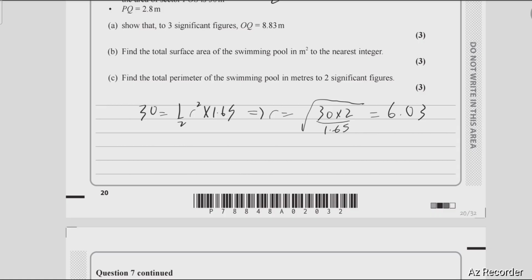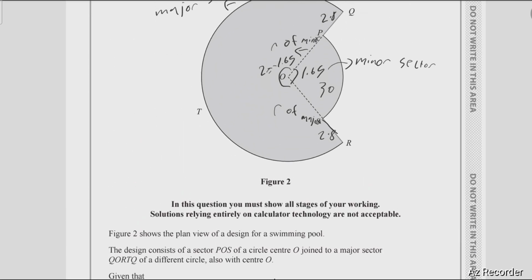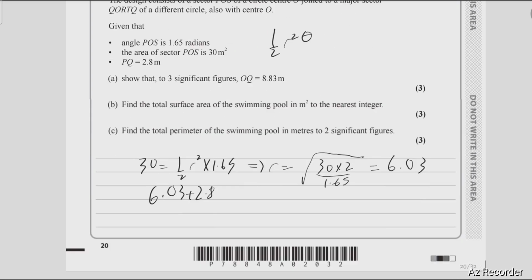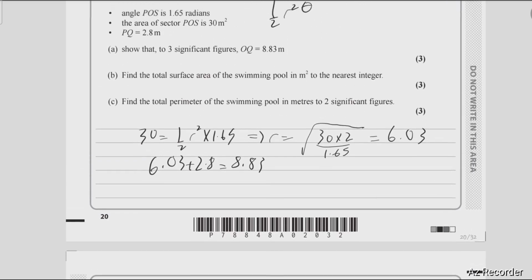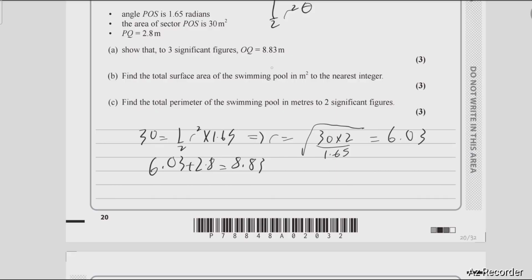That's the radius. Now 6.03 plus 2.8, which is that small line, equals 8.83, which is as instructed.